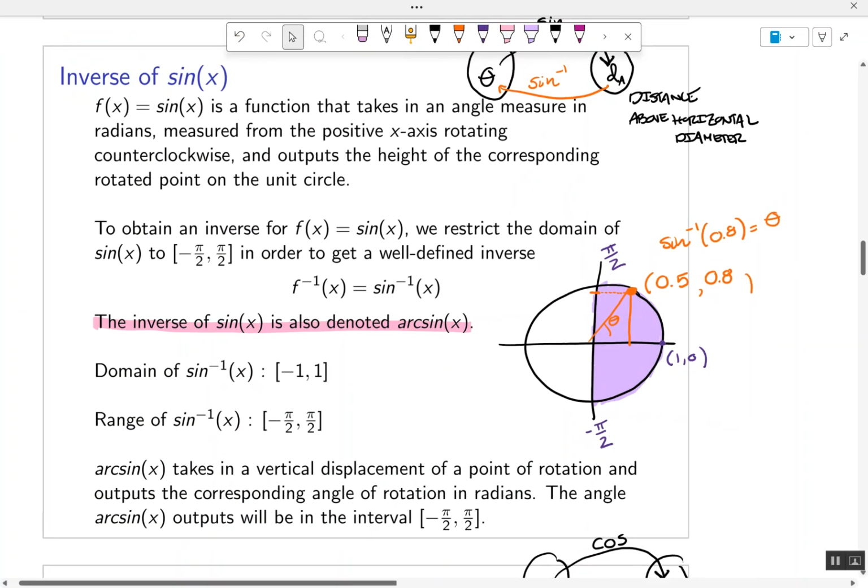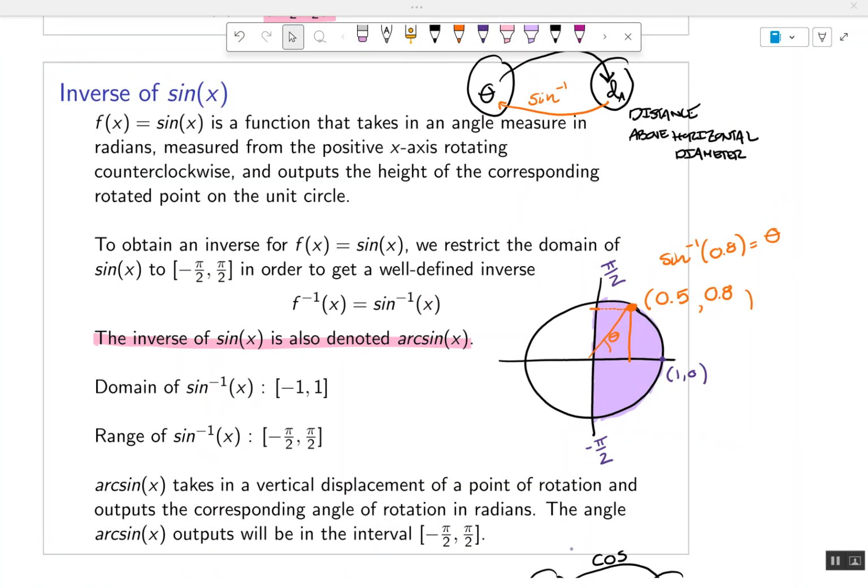Let me pause the video and get back into it to adjust this inking setting. Okay, I think we're back. Yeah, so the big idea here is that we're going to restrict the domain of the sine to negative pi halves to pi halves, including both, right?